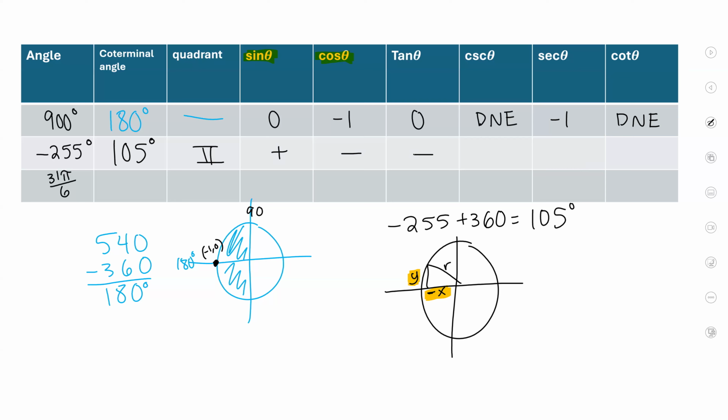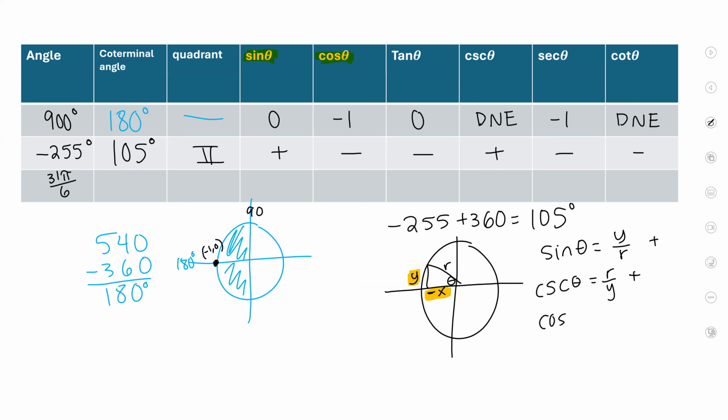Your cosecant will still be positive. This will be negative. That will be negative. The reason why: sine of theta in the second quadrant, any angle in the second quadrant, the sine will be y over the radius. That's positive. That means cosecant is r over y. That's still positive.